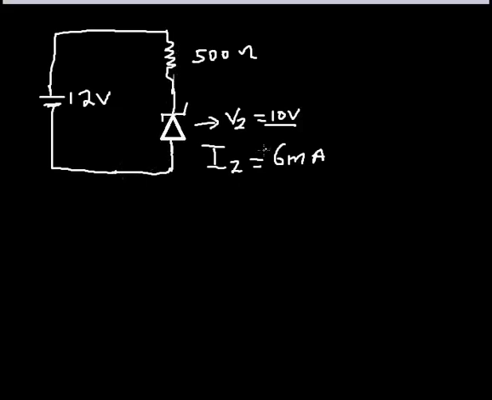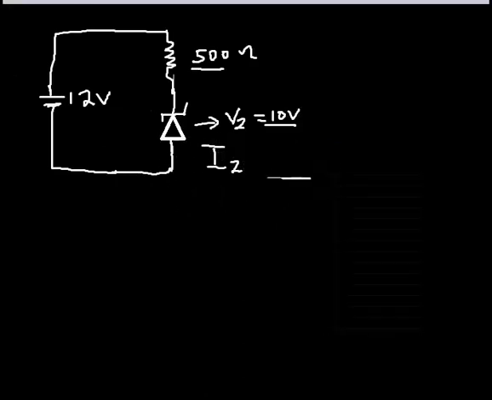Now, this Zener current is not the current flowing through the resistor. Please pardon me.